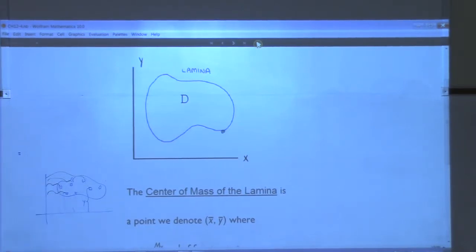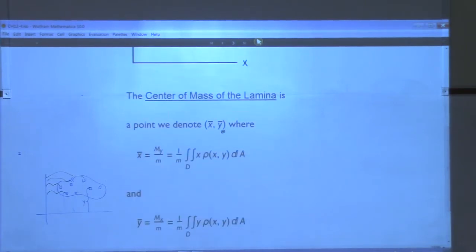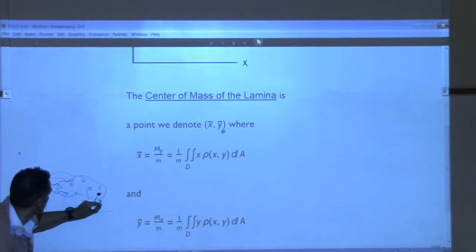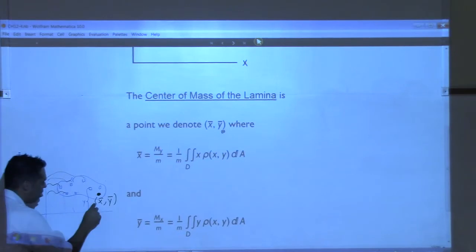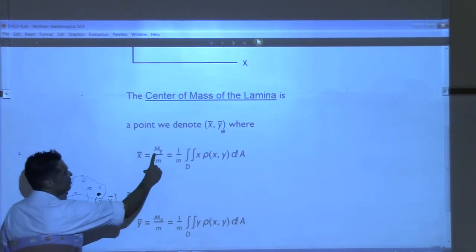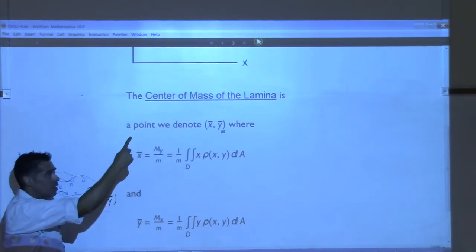To do it, you have to do a couple of computations. You have to calculate where the center of mass is. At that point, we call it x bar, y bar. To figure out x bar, the x coordinate, you have to do capital M subscript y. That's the moment about the y-axis, which is the double integral I just showed you a second ago.